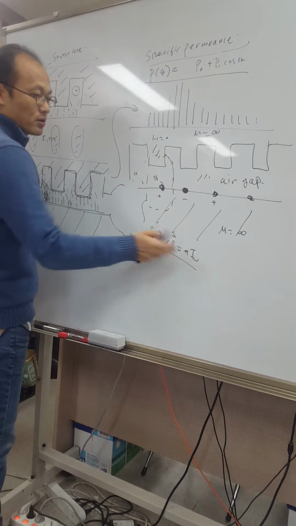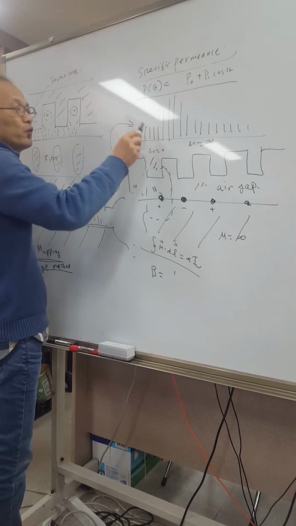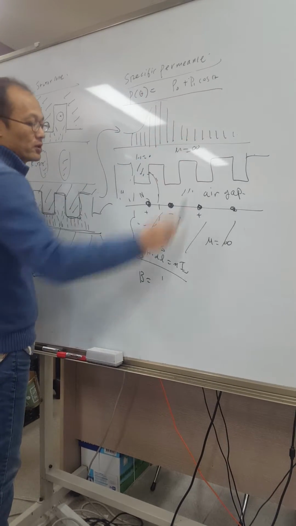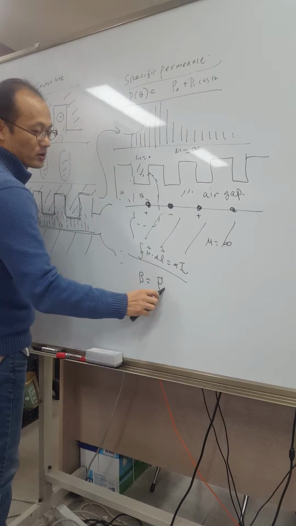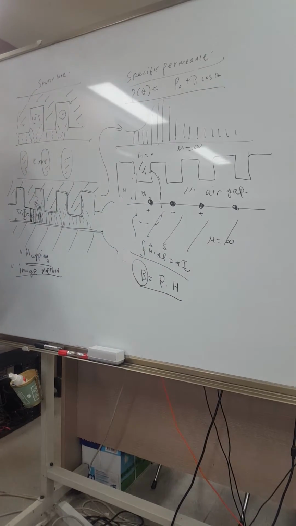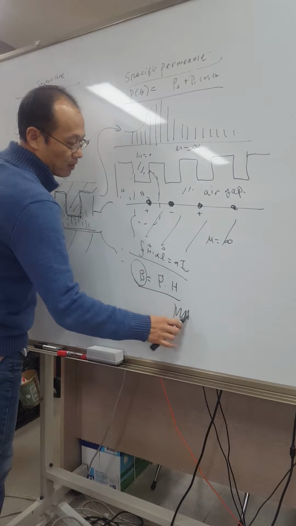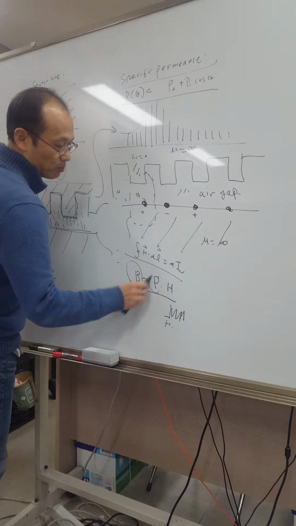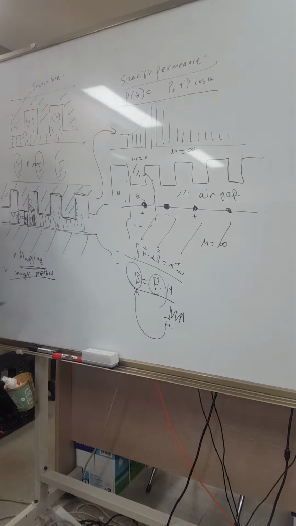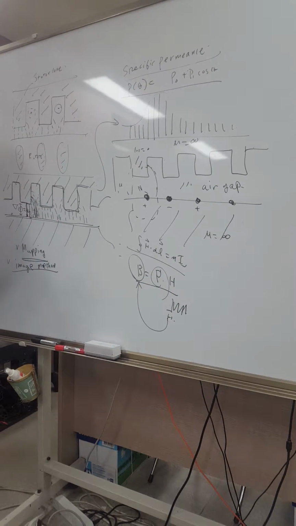So if we use this P function and the H function, it gives flux density. So MMF F times P gives flux density. It is probably quite similar or quite exact.